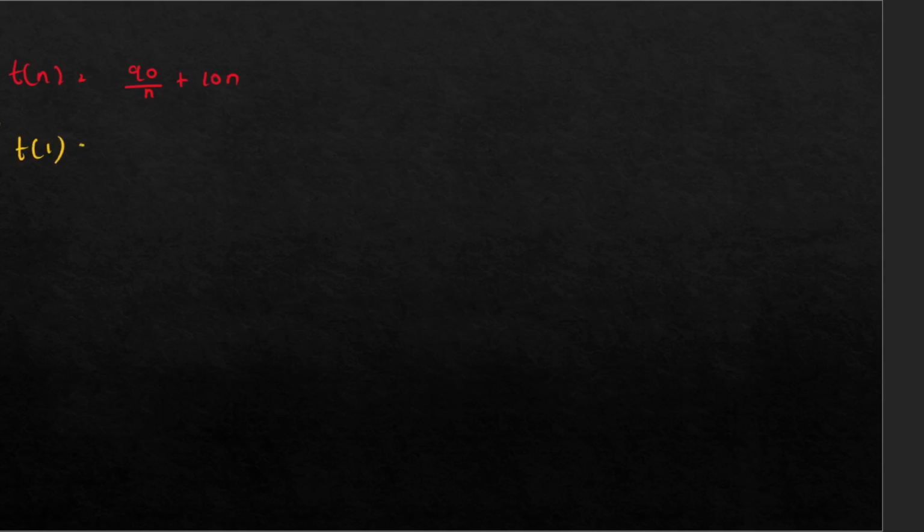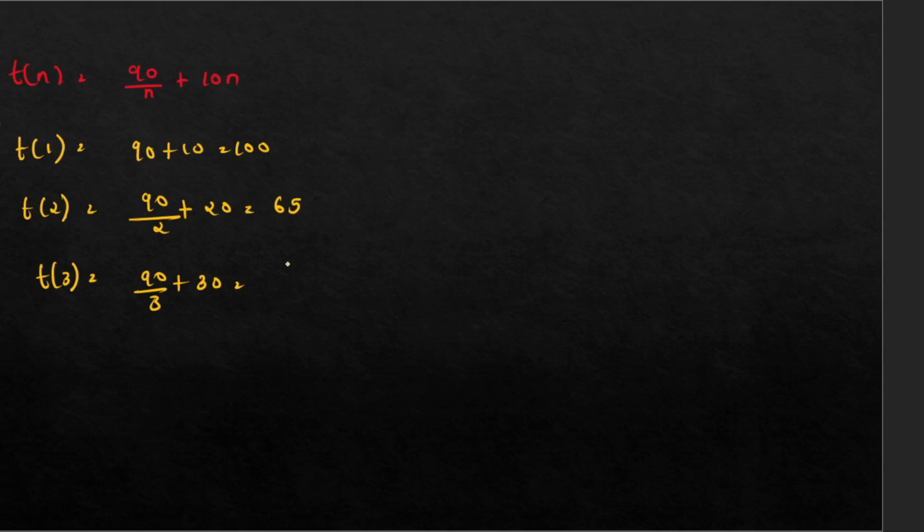Let's say T of 1 will be 90 plus 10, 100. After that, T of 2 will be 90 by 2 plus 20, so this will be 65. T of 3 will be 90 by 3 plus 30, so this will be 60. After that, T of 4 will be 62.5, T of 5 will be 68, and so on.